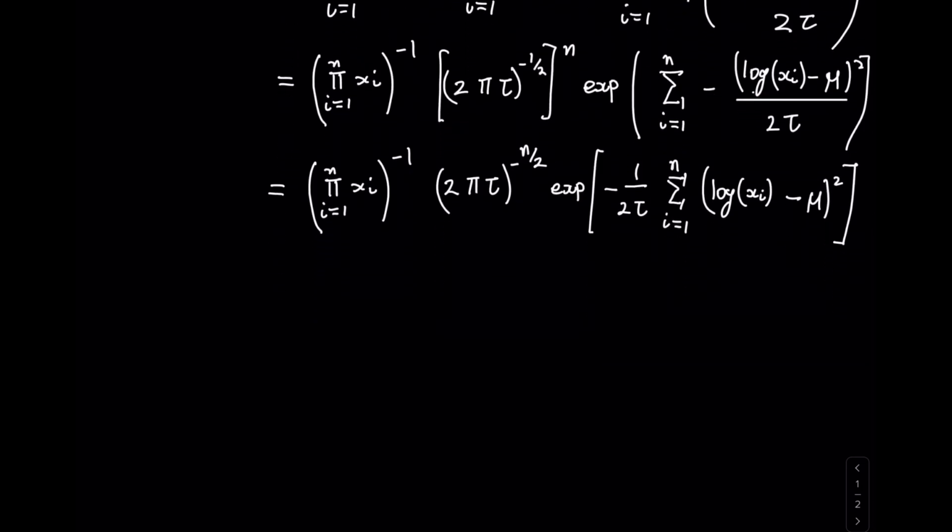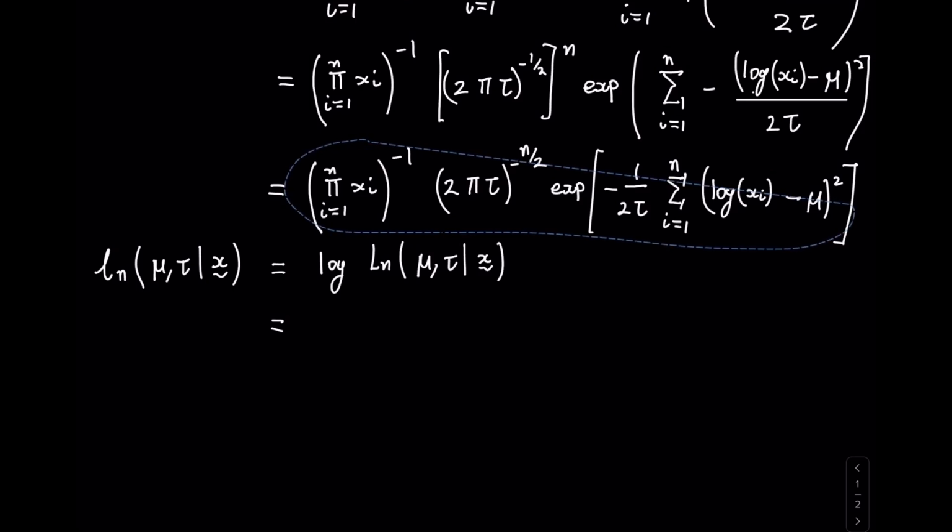Now, the log likelihood function, l(mu, tau | x) given our data x, is by definition the log of the likelihood function, which I'll just write out here, which in this particular instance is the log of this entire expression above.